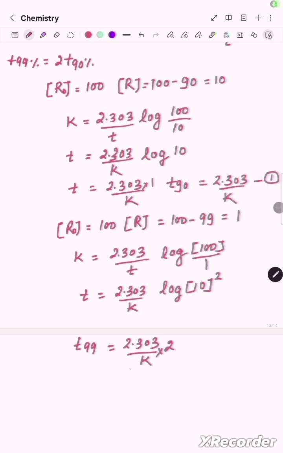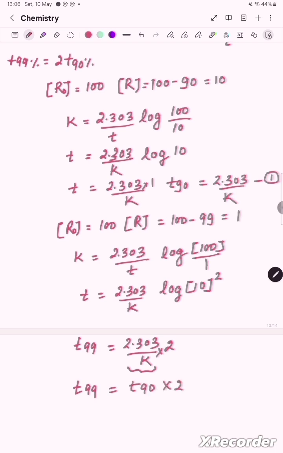So here we see that 2.303 upon K value is the time required at 90% completion. So we can write that T99 is equal to T90, that is 2.303 upon K, multiplied by 2.